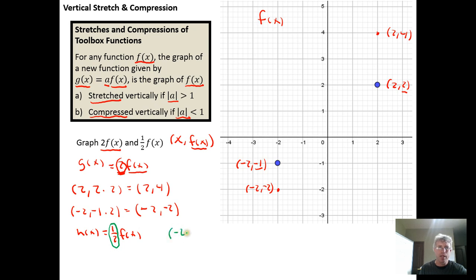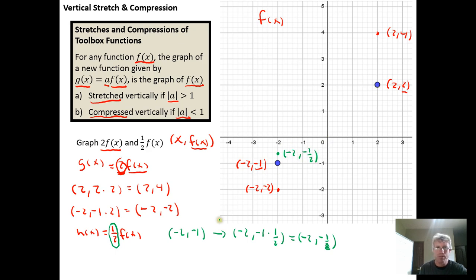So the point -2, -1 on the original f of x is going to become the point -2, -1 times 1/2, which is just going to be the point -2, -1/2. And if I plot that, you'll see that it's only half as high as it originally was.